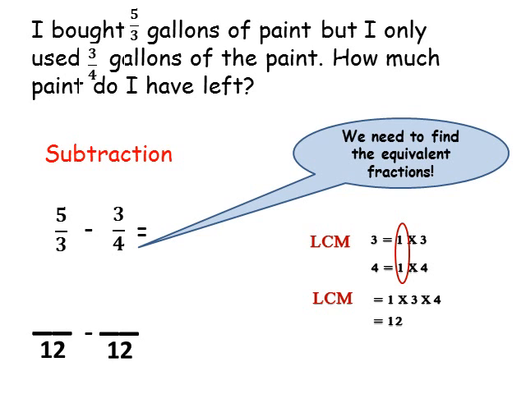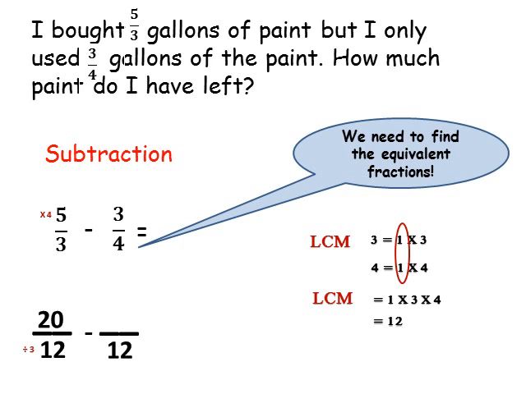And so let's get our new fractions ready. Okay, let's get 5/3. Okay, so 12 divided by the old denominator, which is 3, that's 4. So 12 divided by 3, that's 4. We multiply that to the old numerator, and that will be 20. So therefore 5/3 is equal to 20 over 12.